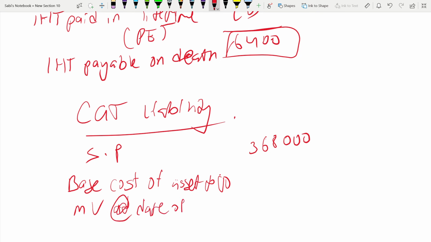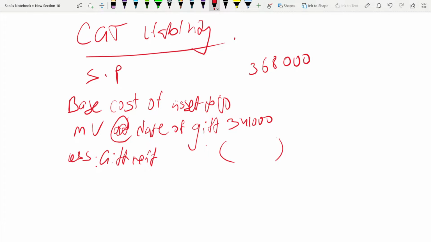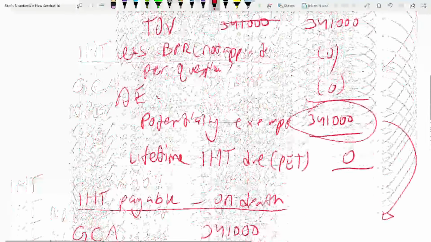That will remain as it is. 341,000. Next, gift holdover relief. Gift relief. It's a rollover, so gift relief will be deducted from this. How much is the gift relief?